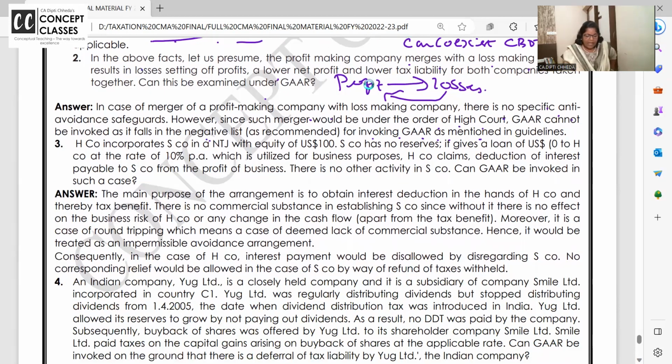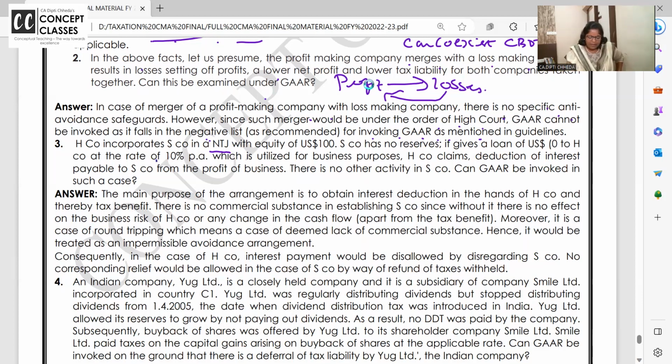Next, HCO incorporated ESCO in a notified, some जहाँ पे tax कम है, तो no tax jurisdiction it is called, with equity of US dollars.